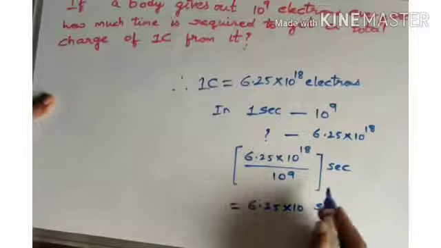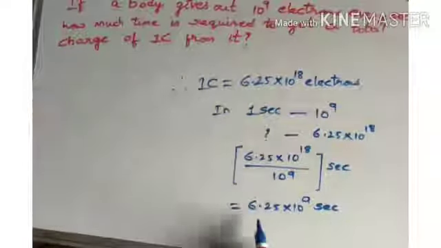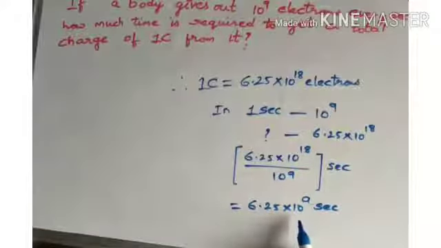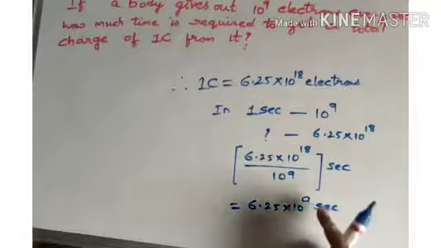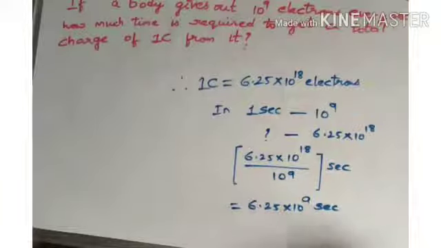Sorry, here it is 6.25 into 10 to the power 9 seconds that it is going to take for giving out 1 coulomb of charge.